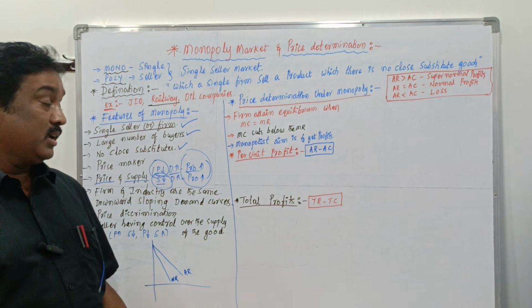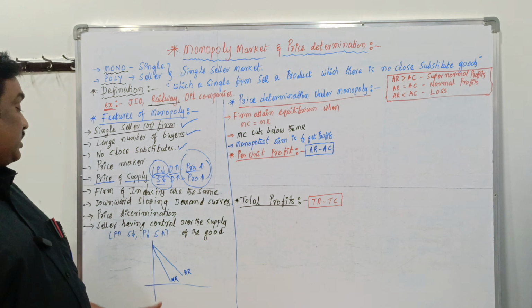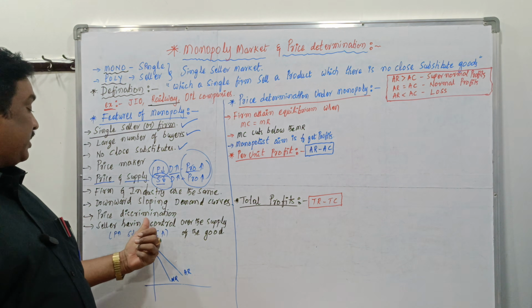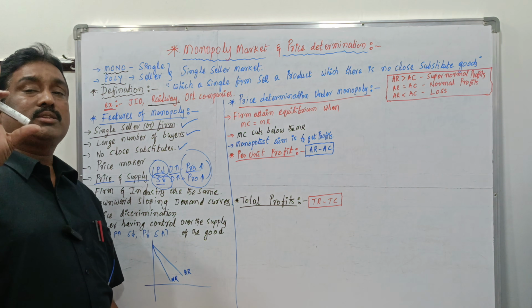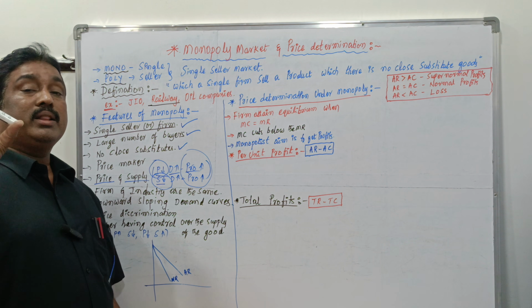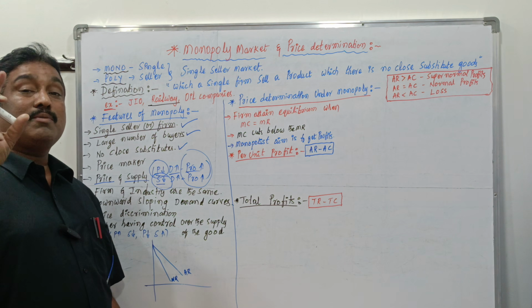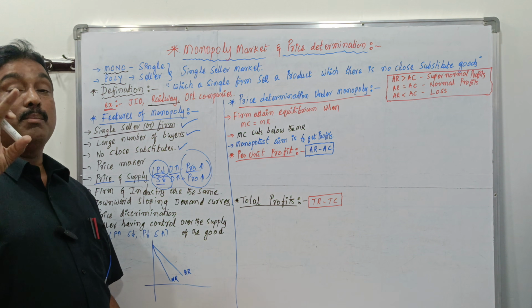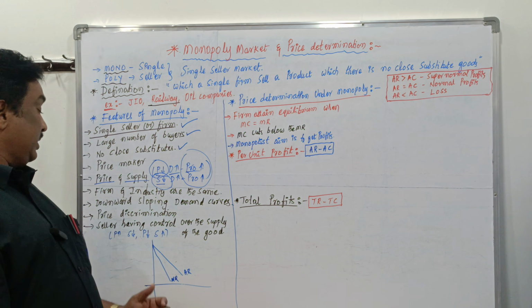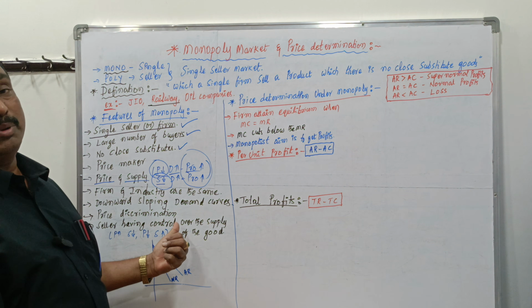Same product, but very different prices in different markets. That is called price discrimination.